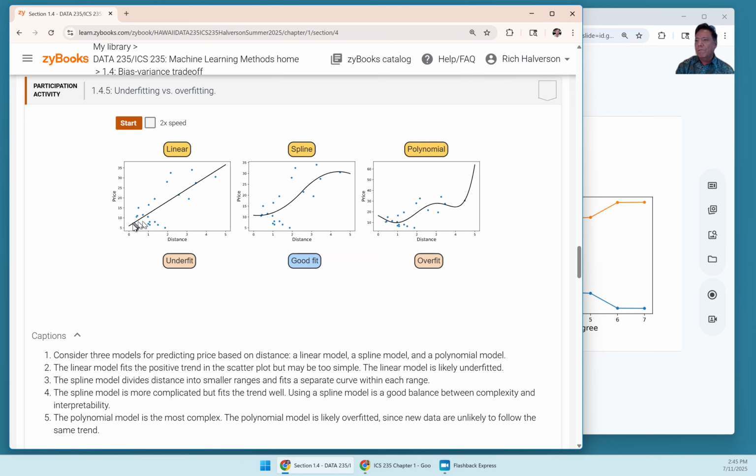It's underfit, which means it doesn't really follow any sort of trends or changes in the curve of the data. Whereas a good fit is sort of the best of both worlds. You would see a good fit that looks kind of like this, and this more closely matches what the data really shows.